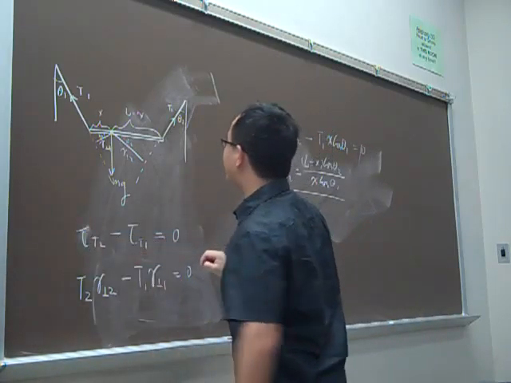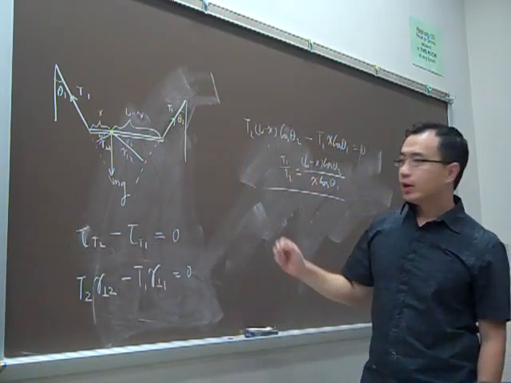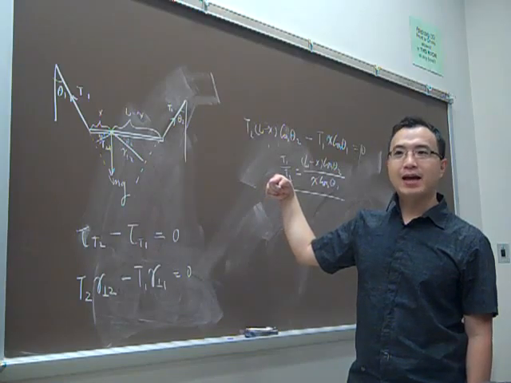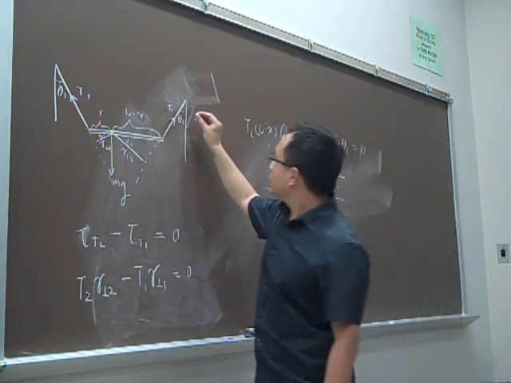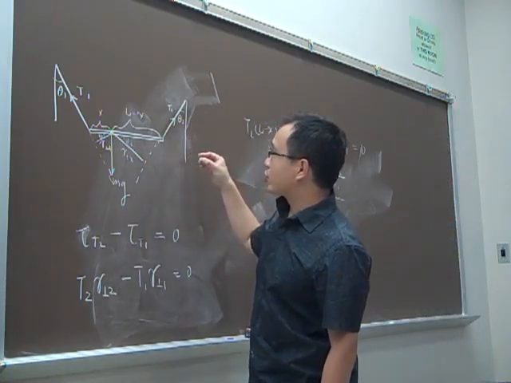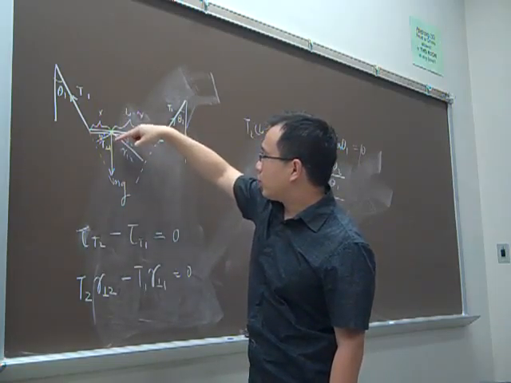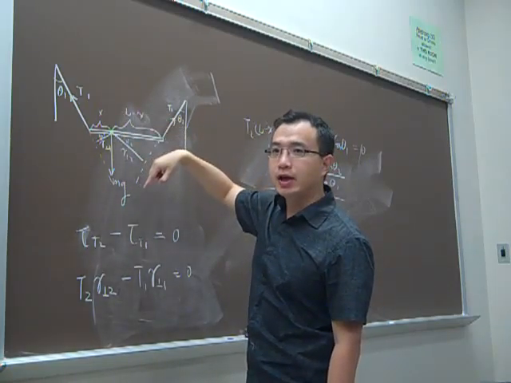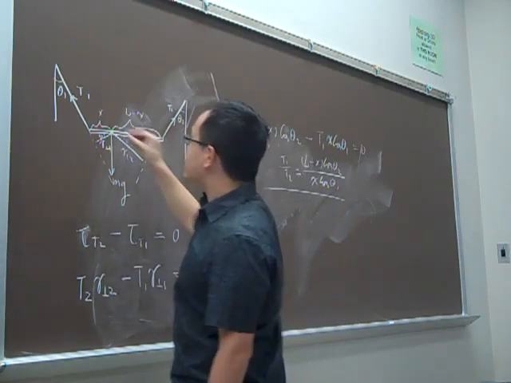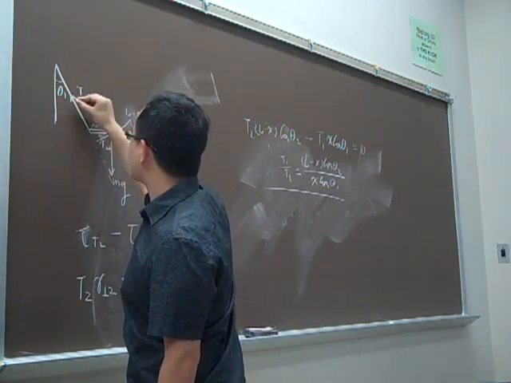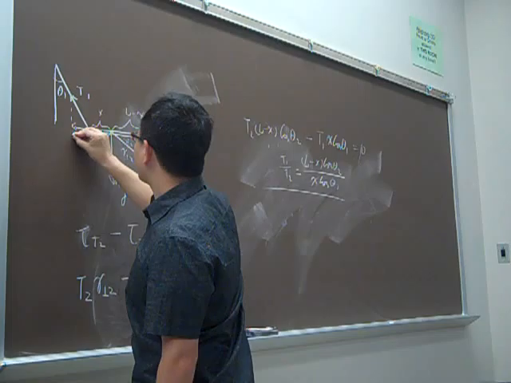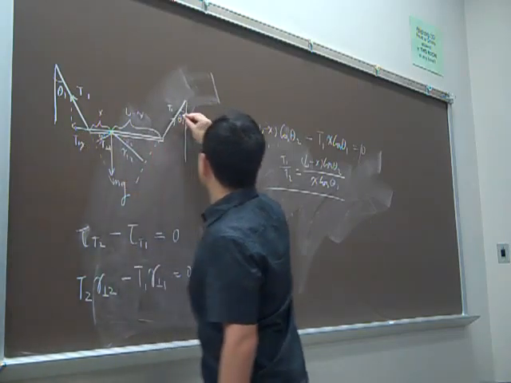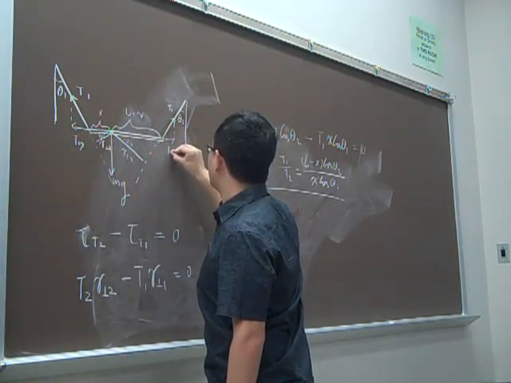In this case, it's better to use the x direction force balance. Okay, you can see along x direction, the weight wouldn't have any x component. So along x direction, the force balance equation is kind of like this. If we call this T1x, this is T2x.